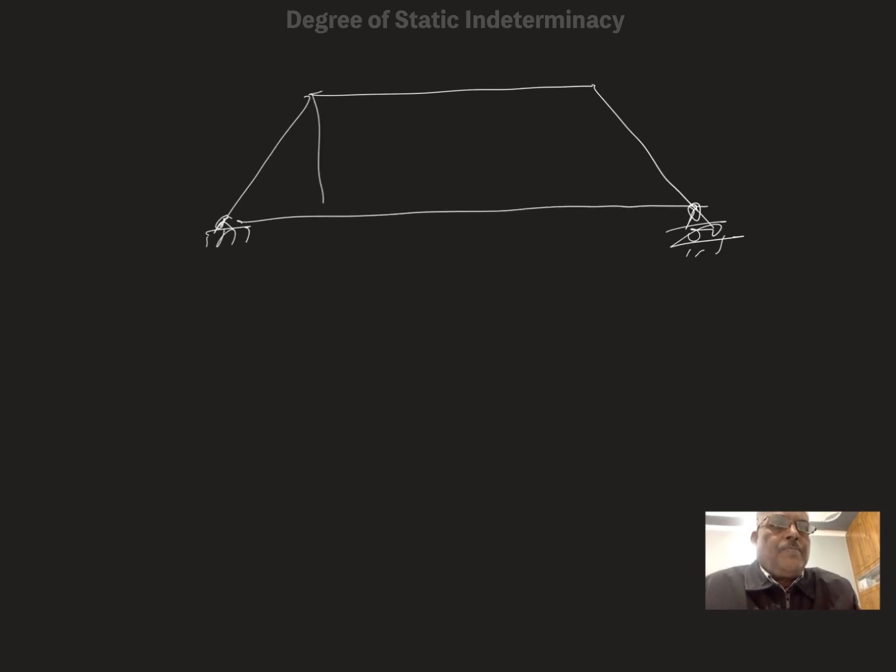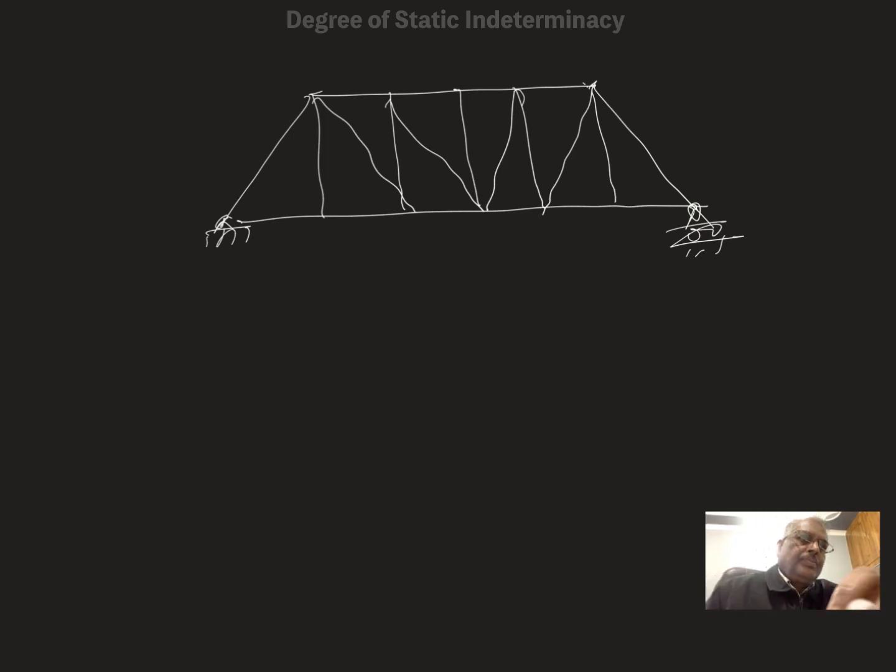Now take an example of a truss. One support is hinge, another is roller. This is a Pratt truss. Here there are two reactions, R1, R2. Here is one reaction, roller, R3, so it is externally determinate.